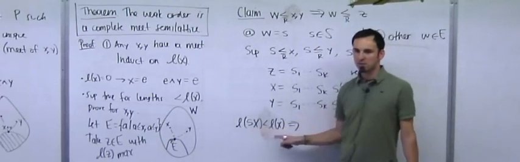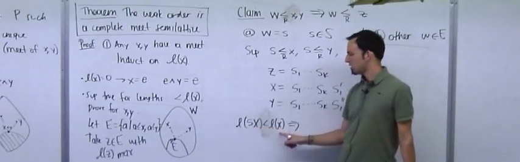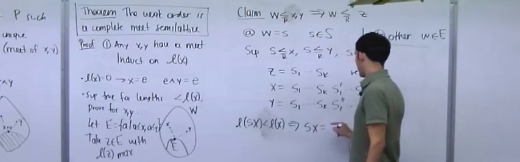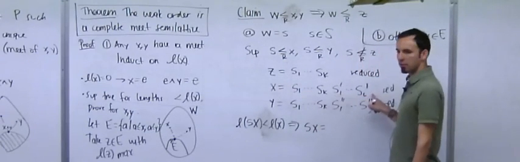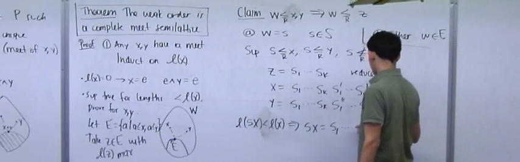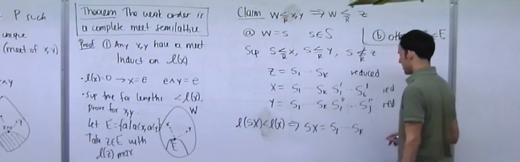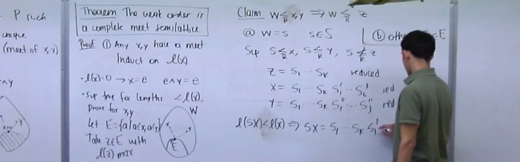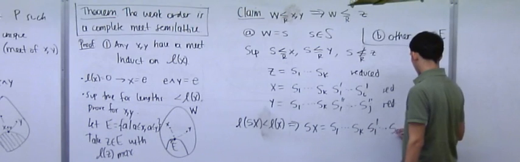And I know what this means because the exchange property tells me what this means. It means that sx can be written as just removing one of these generators. I'll just define a second y.